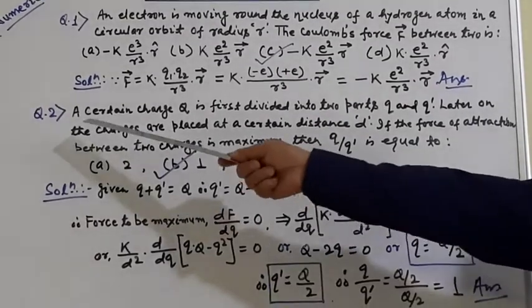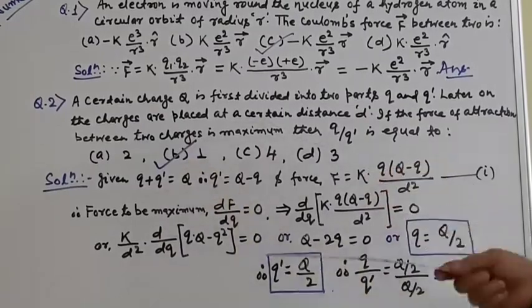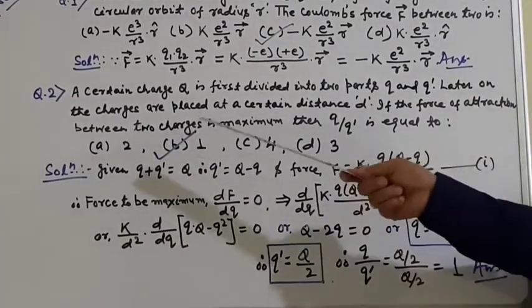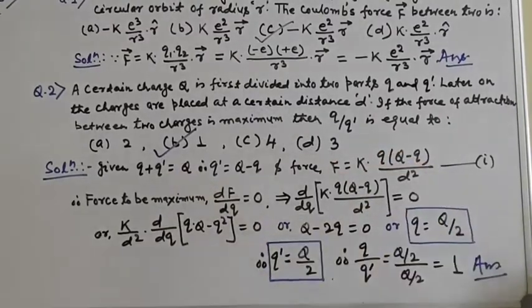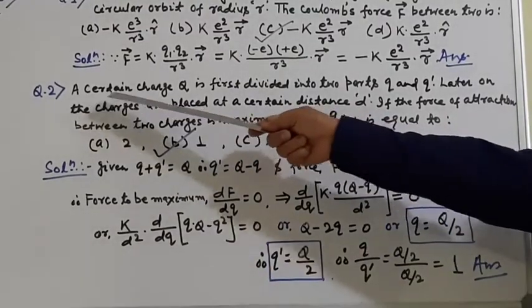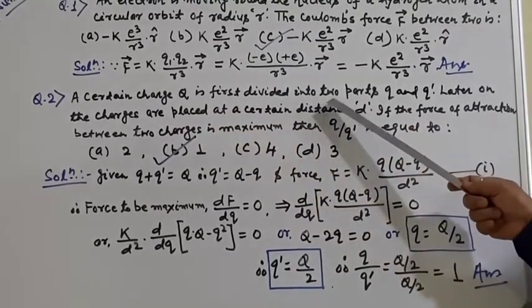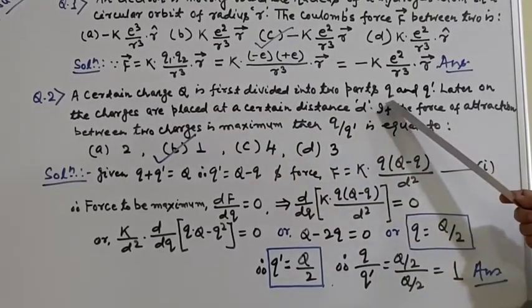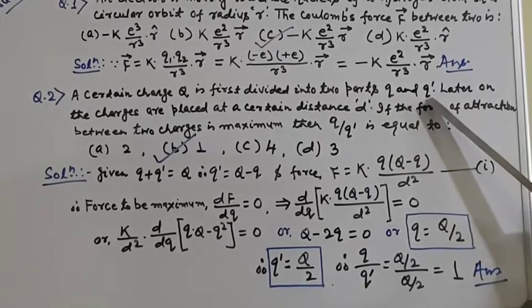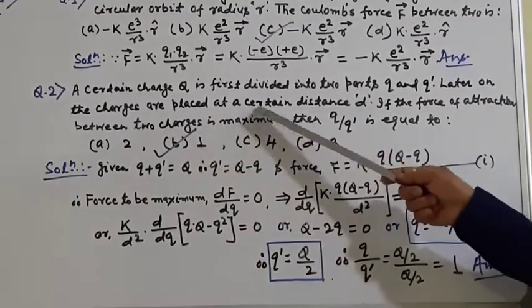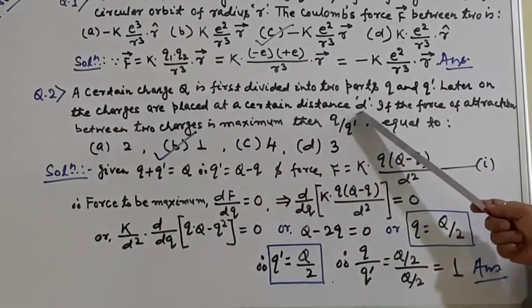One more question, question number 2. This question is different from question number 1. This question I have taken as a differentiation question. The question says a certain charge Q is first divided into two parts, small q and small q dash. Later on, the charges are placed at a certain distance d.